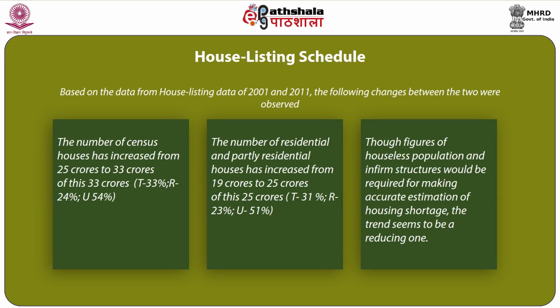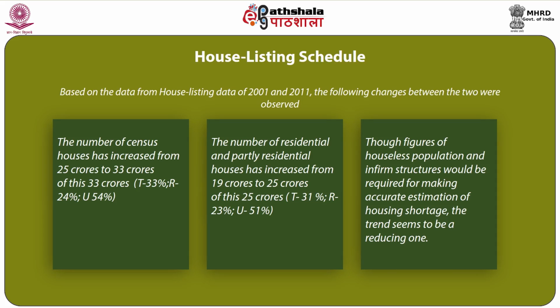House quantity. The number of census houses has increased from 25 crore to 33 crore. Out of this 33 crore, which accounts for 33% in total, rural households are 24% and urban households are 54%. The number of residential and partly residential houses has increased from 19 crores to 25 crores.